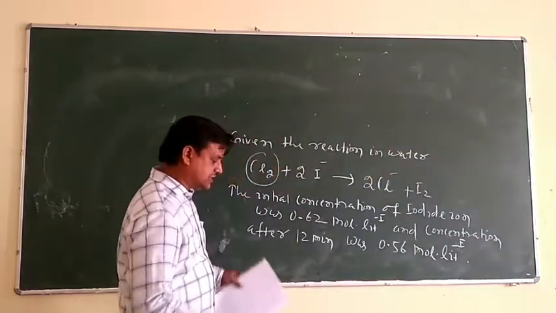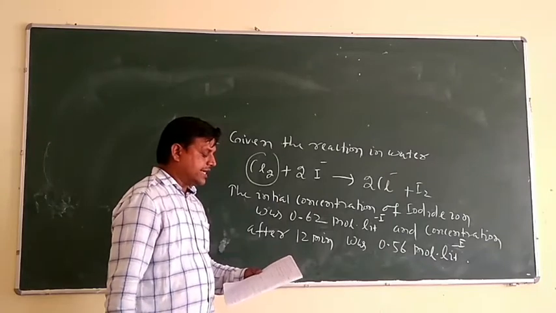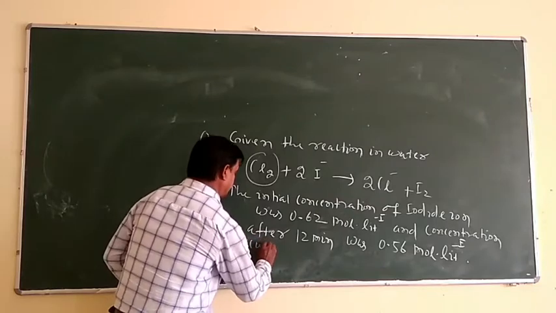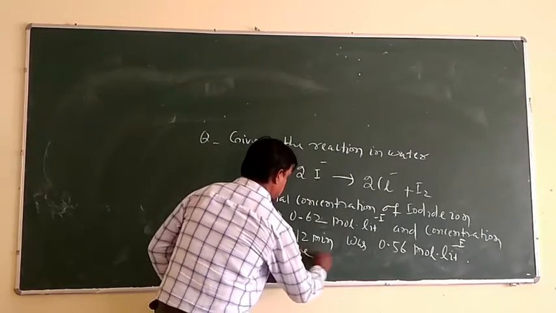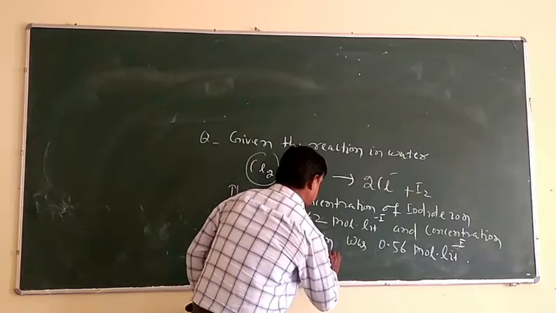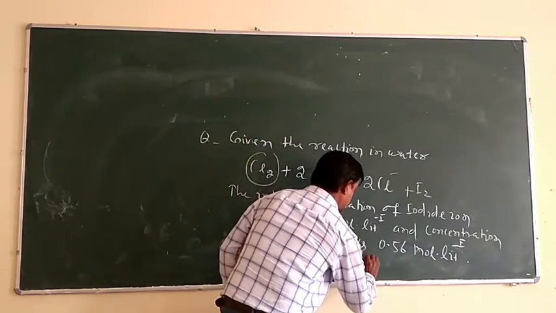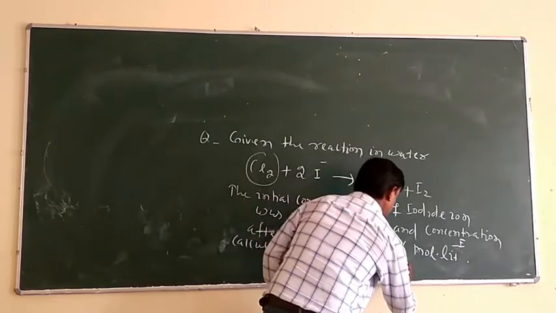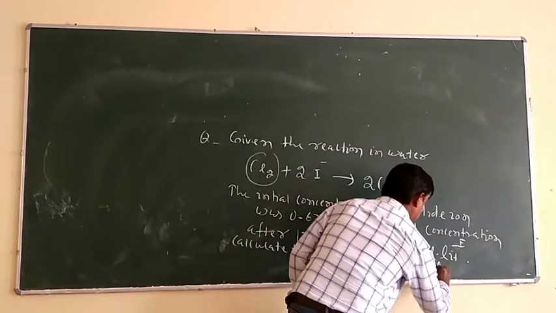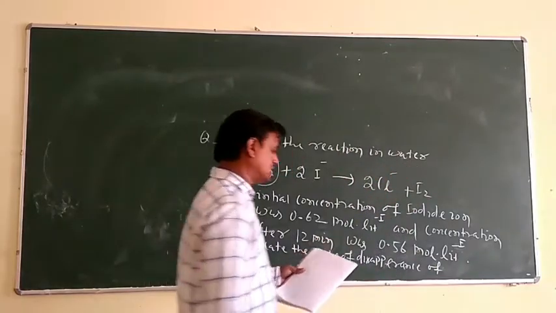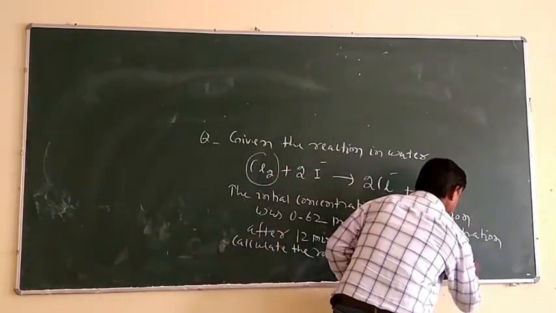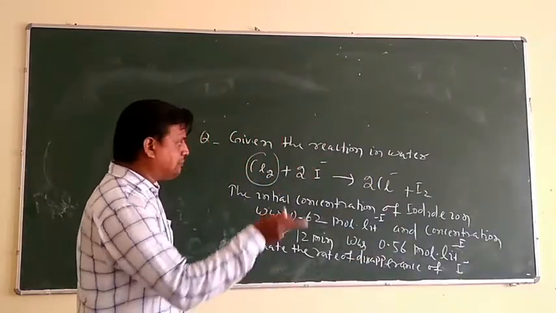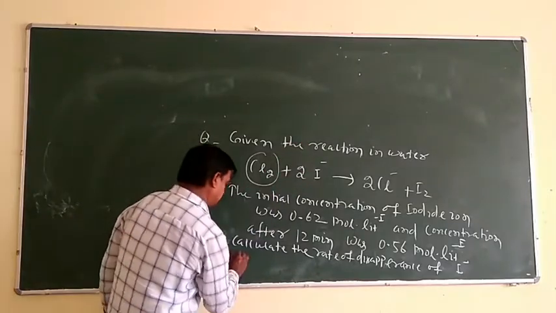The question is to calculate the rate of disappearance of I minus ion and the rate of appearance of I2 molecule.